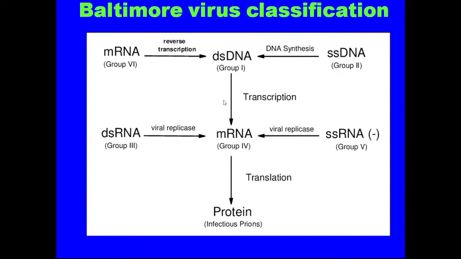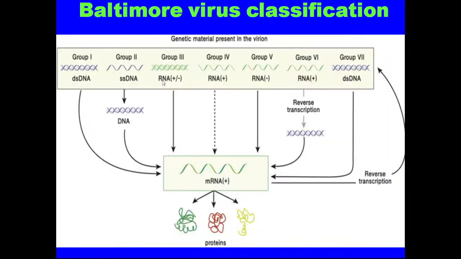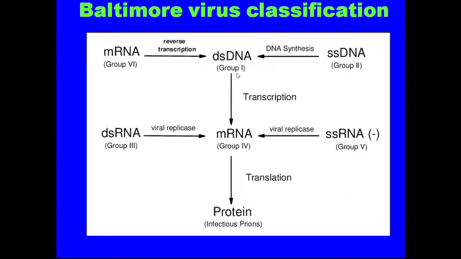Okay, now we come to the second large group of RNA viruses. See? RNA double-stranded, RNA positive sense, and RNA viruses with negative sense RNA. How do they make the mRNA?